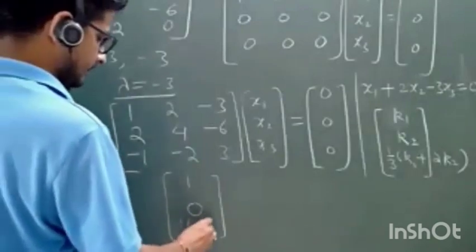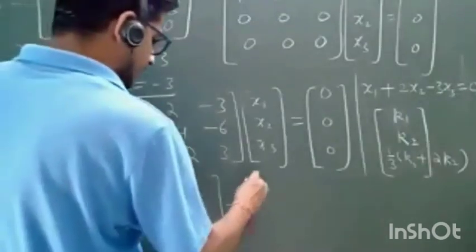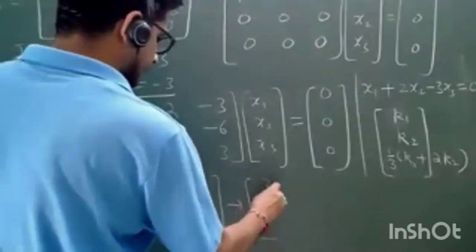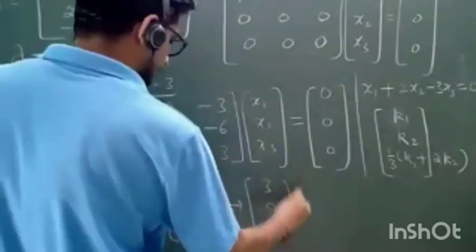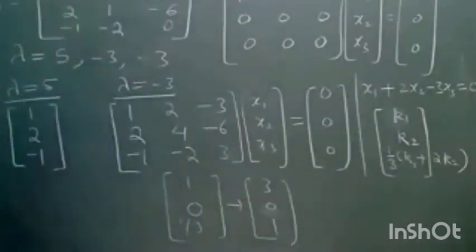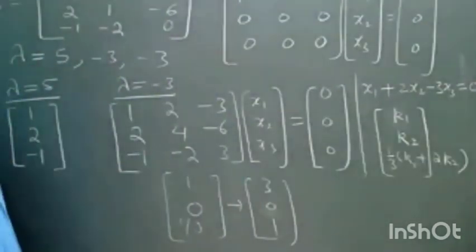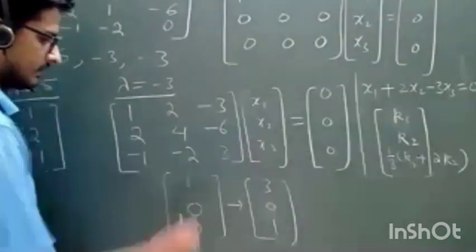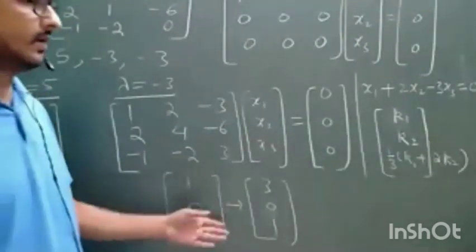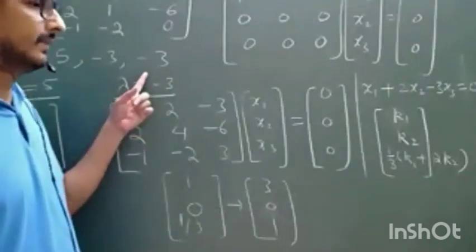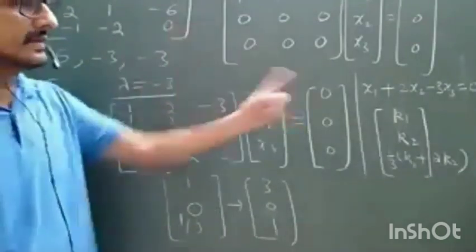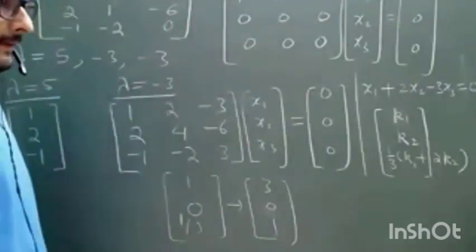That gives 3, 0, 1. This will be the first eigenvector that you will get. You can normalize it also.